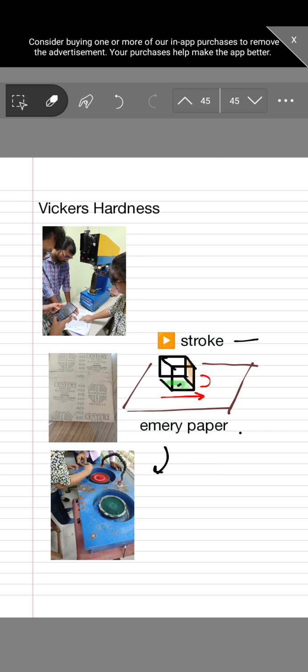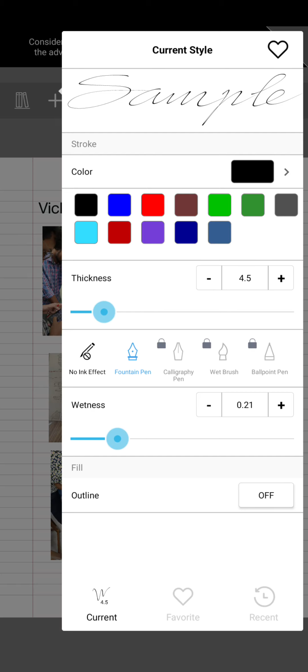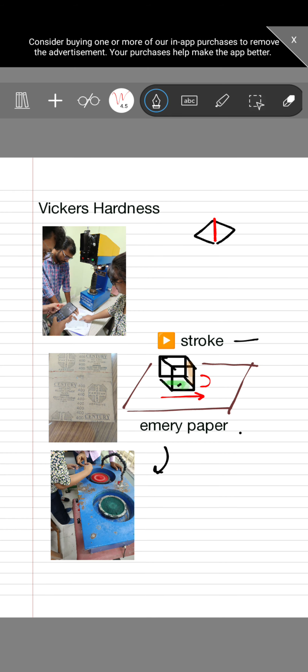So now we have the sample. Now the Vickers hardness test is done. It is a process by which we can find out the hardness of the material, and it involves making an indent of square shape and finding out the diagonals, D1 and D2.